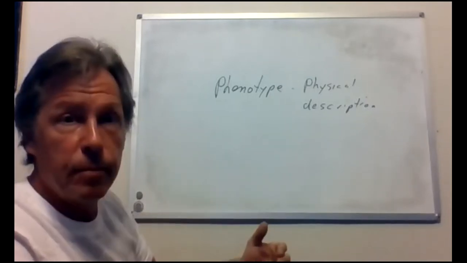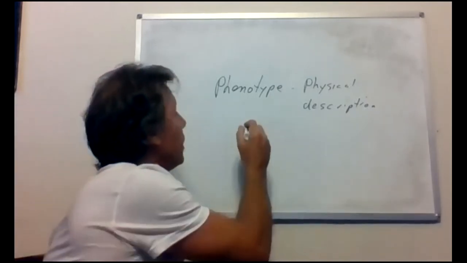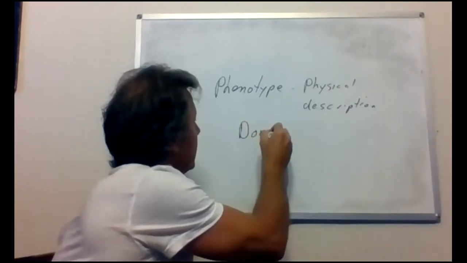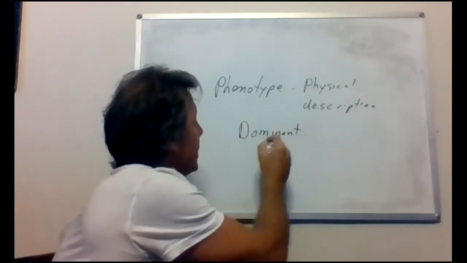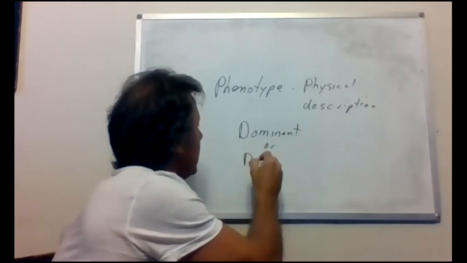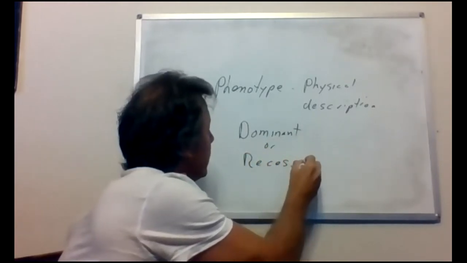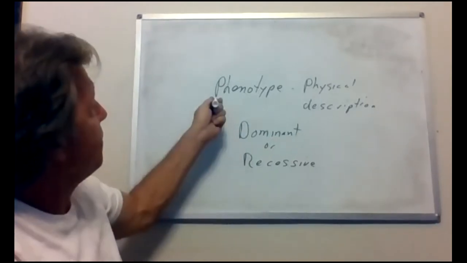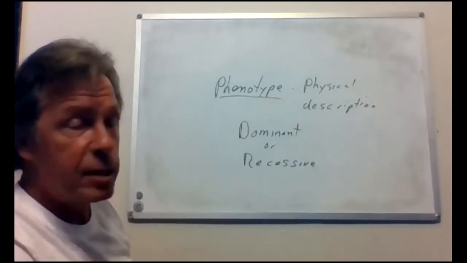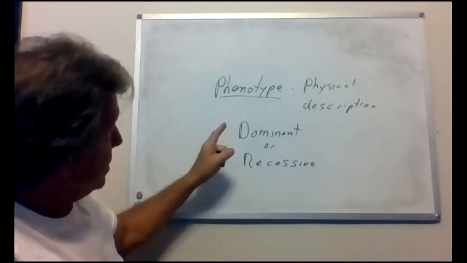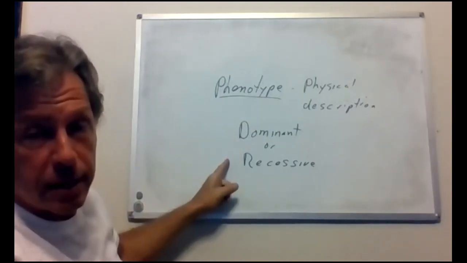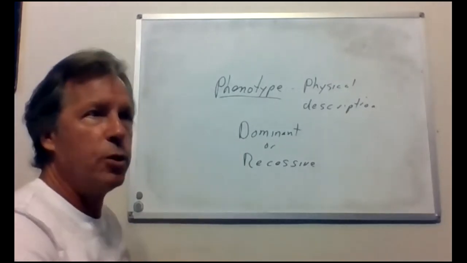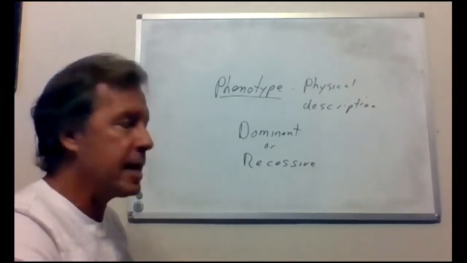What that's going to be, for our purposes, we're just going to say it's either dominant or recessive. Any question on the test about phenotype is simply going to be dominant or recessive, okay? Once again, I'm not going to ask you if the tall was dominant or recessive.